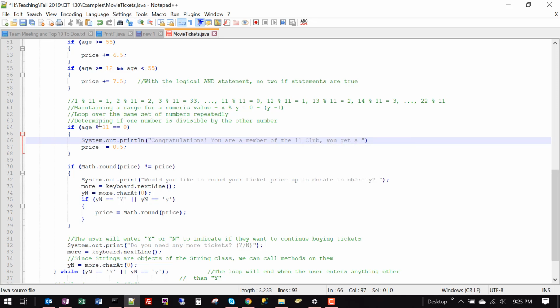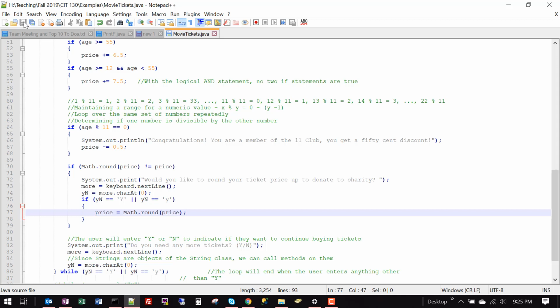You get a 50-cent discount. So we'll just throw that in there. So that's kind of cool. So that shows a couple more mathematical operations.